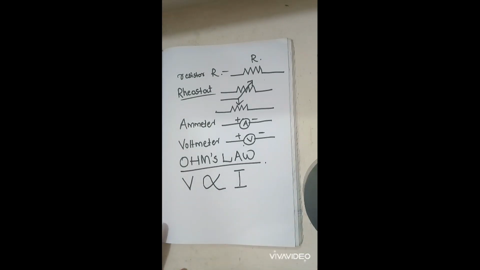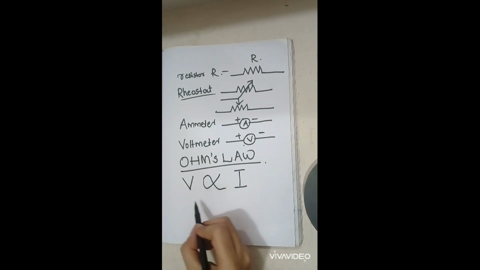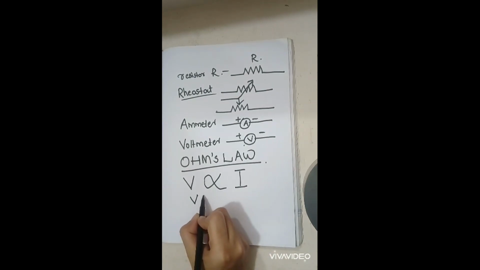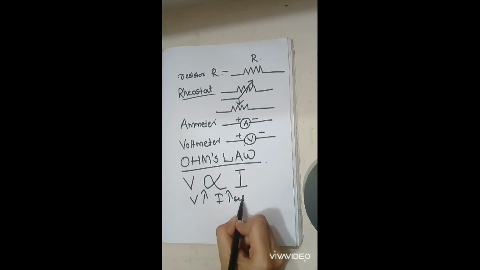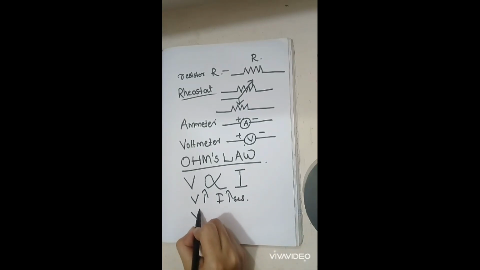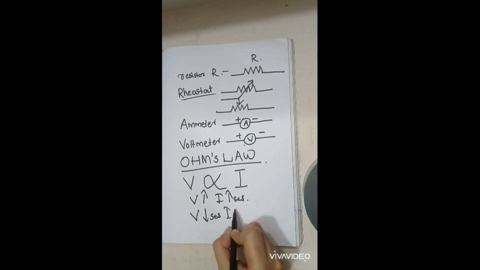What is meant by directly proportional? Directly proportional means as potential difference V increases, the current also increases. As the potential difference decreases, the current also decreases. Okay, that is Ohm's law.